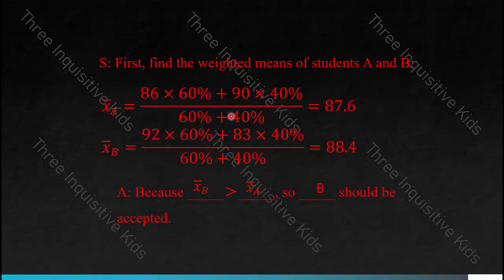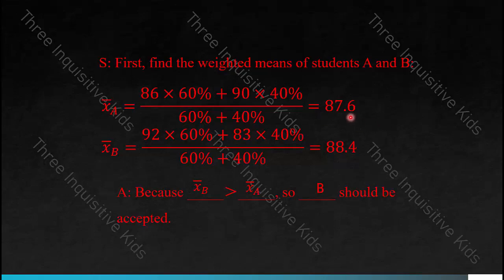Okay, so let's just look at A. A's first score on the written test was 86. That times 60%, which is the weight of the written test, and we add it with 90, which was the score A got on the second test, multiplied by the weight of that test, divided by the sum of the weights.